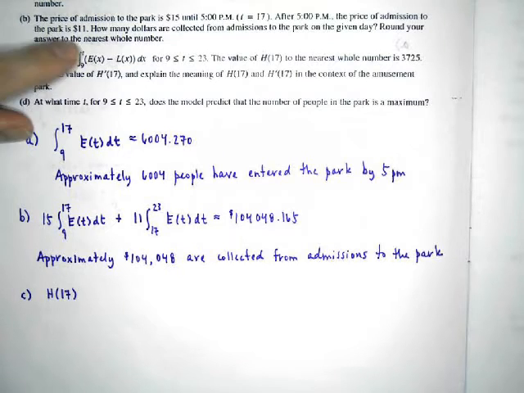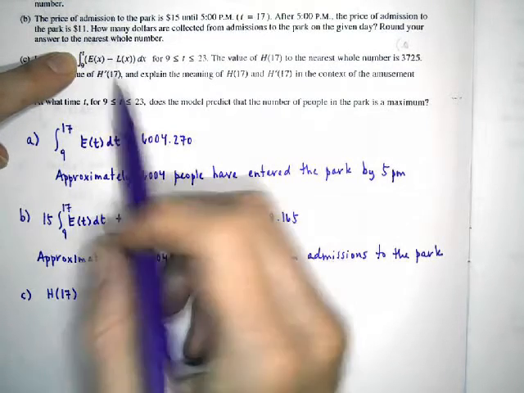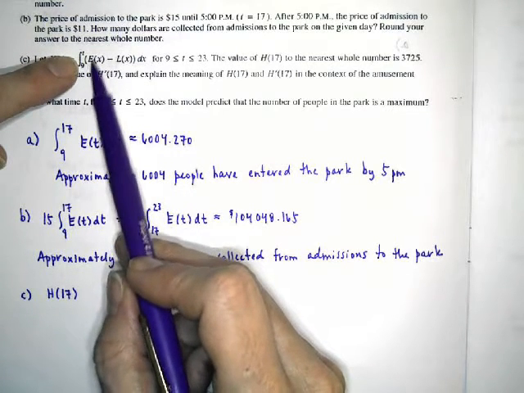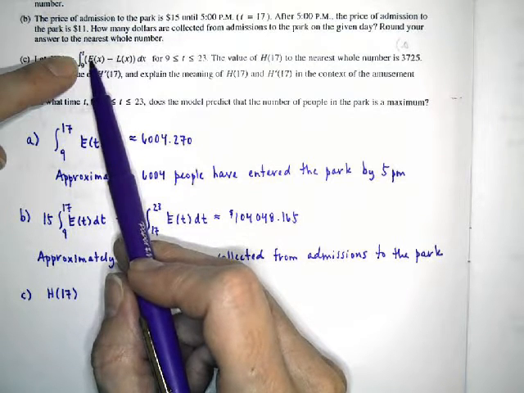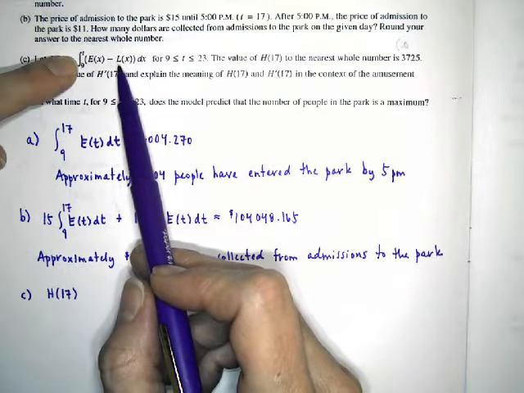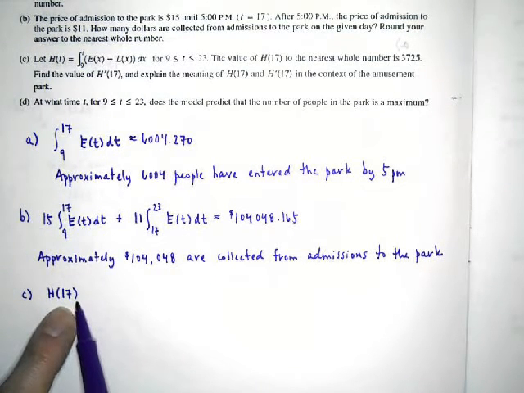Okay, so now I know if I integrate the rate, that's giving me the net change. So here, if I integrate this, I'm getting the amount of people who entered minus the amount of people who left. So what that's telling me is that at t equals 17, it's giving me the number of people in the park at time 17. Right?